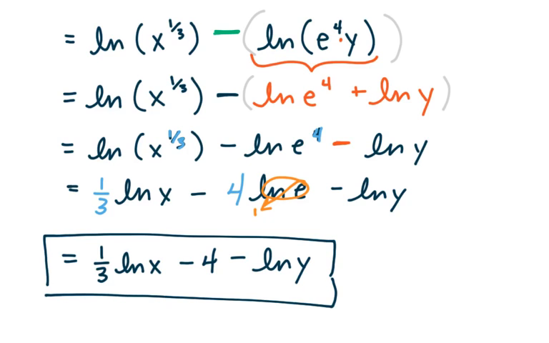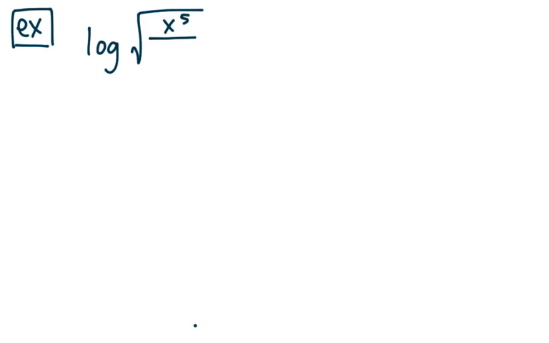So let's look at one more example of expanding. In this example, I have the log of the square root of x to the 5th over 10y to the 4th. Okay, so unpackaging this, taking the layers off, work from the outside in if you can.